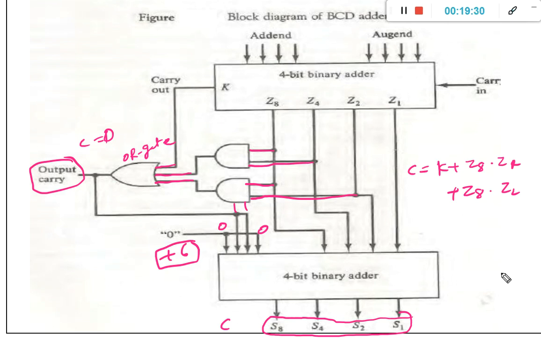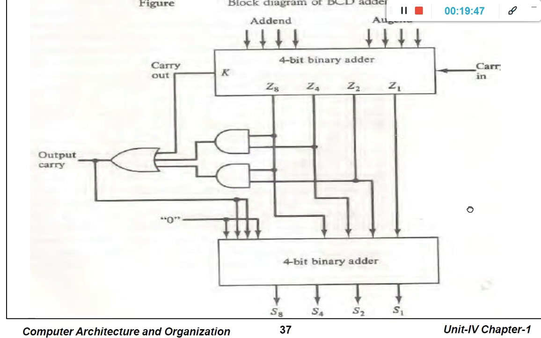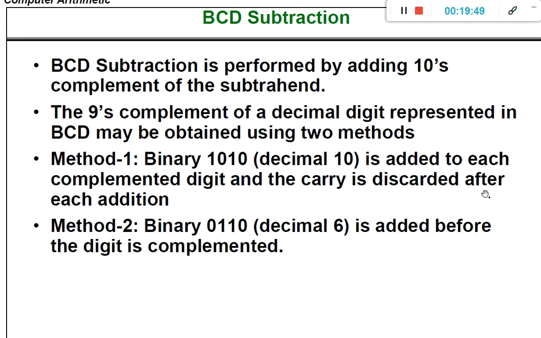As we discussed previously, to perform decimal arithmetic operations, we need to add two individual digits rather than the entire integer number.